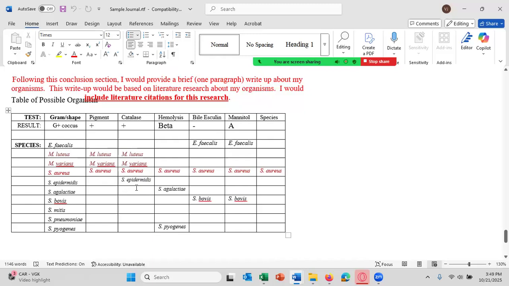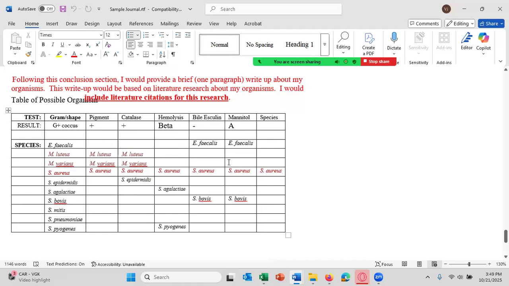He didn't need to put Staphylococcus epidermidis here because it's been excluded by the pigment test, but he's got a different color to say it's excluded. He then did the hemolysis test and got beta hemolysis. So effectively, he's identified which species it is.